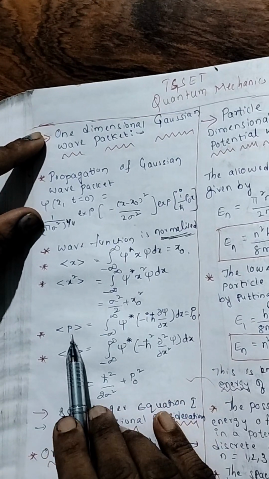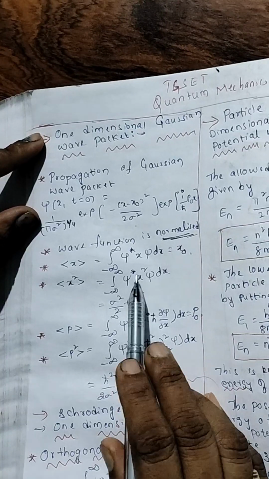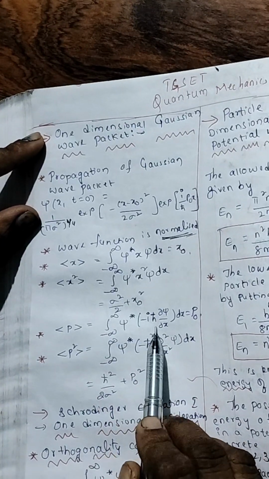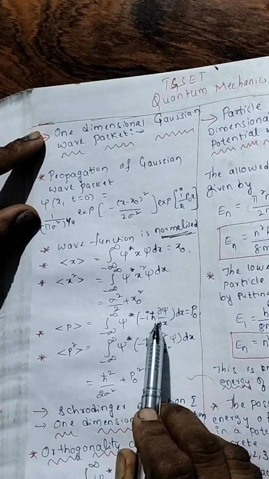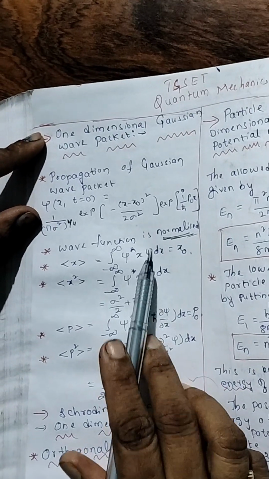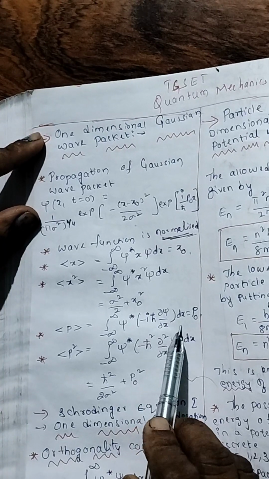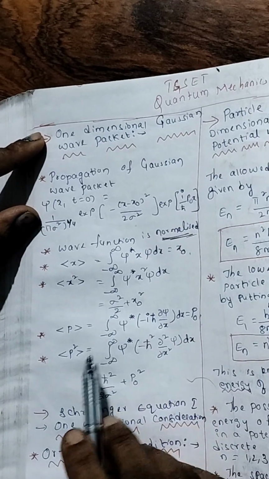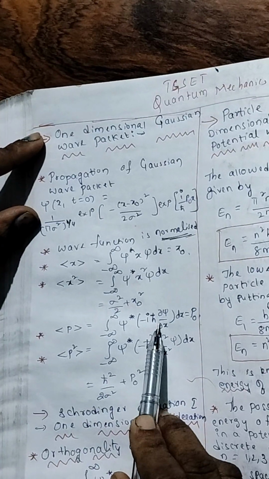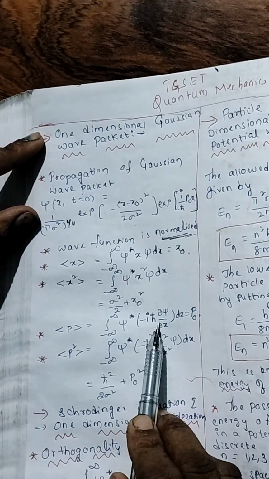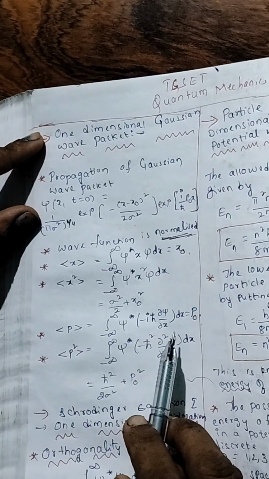Now the expectation value of momentum p. Here, in place of x, we substitute the momentum operator minus i h cut dou by dou x. Since psi is there, I wrote it as the integral of psi star times minus i h cut dou psi by dou x dx, which is equal to p naught. Similarly, the expectation value of p square: minus i h cut dou by dou x into minus i h cut dou by dou x.